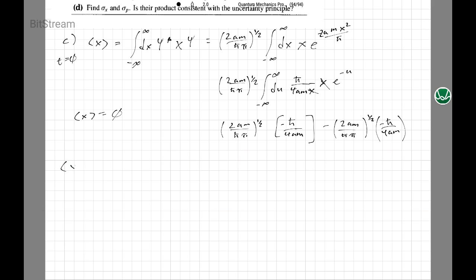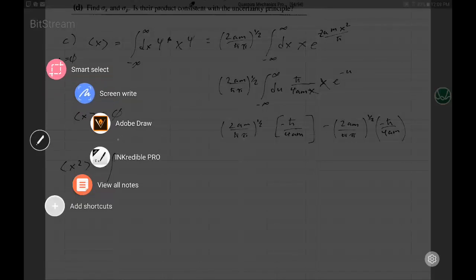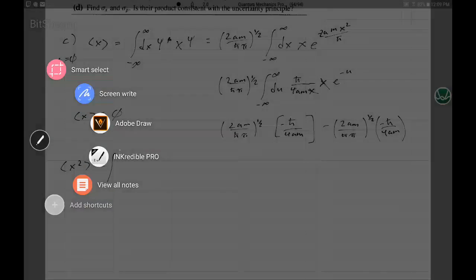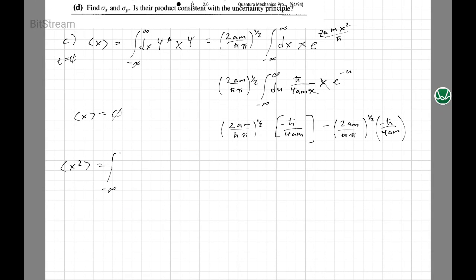Now let's do expectation value of x squared. This is not odd and it is not going to be 0. So we are now going to have, actually I will just keep this up. We're going to have this form, complex conjugate, so x squared psi.